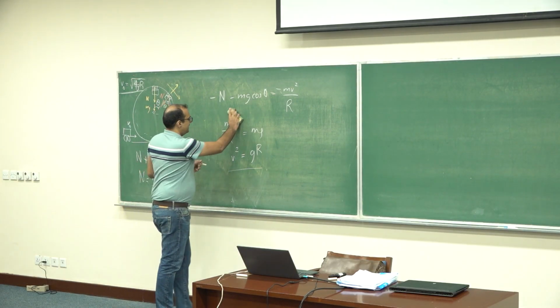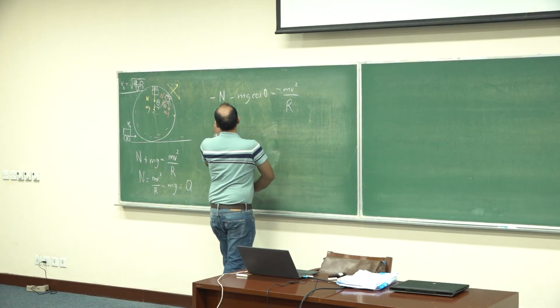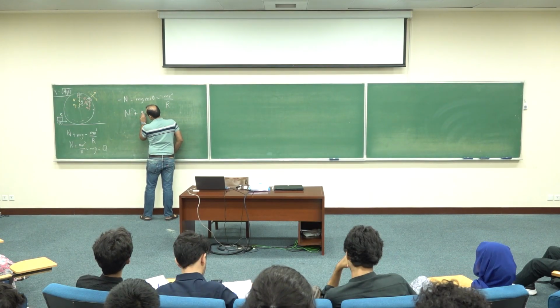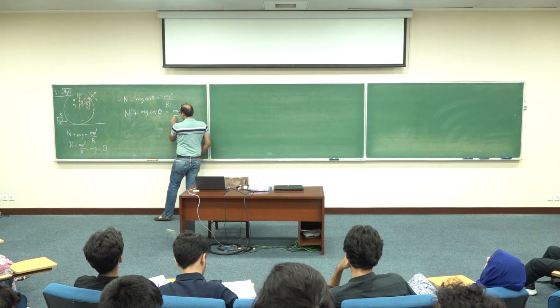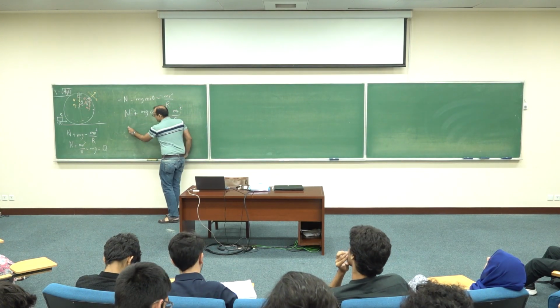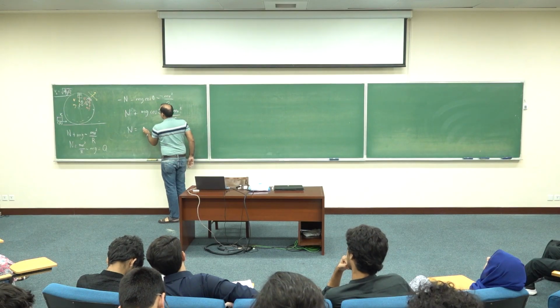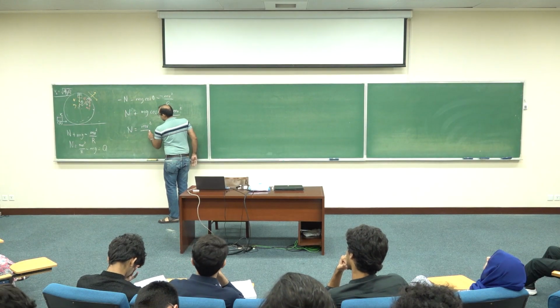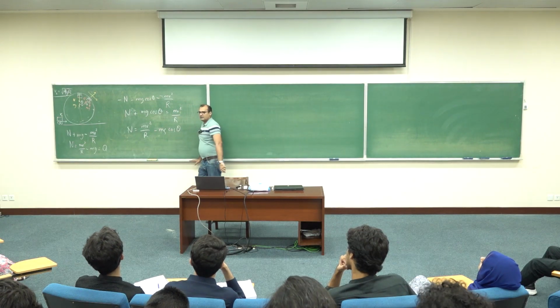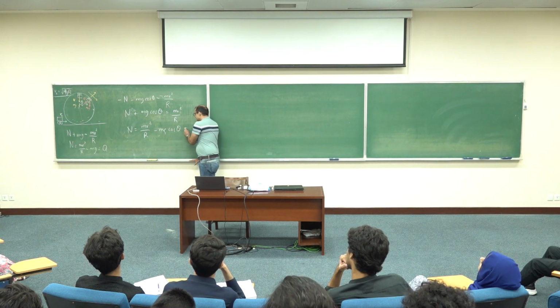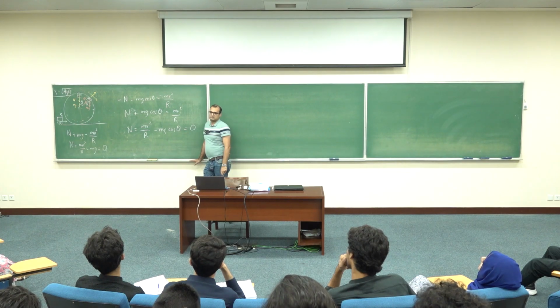So, in other words, you have n plus mg cos theta is equal to mv square over r. Okay, so the normal force becomes equal to mv square over r minus mg cos theta. And at the point at which it loses contact, this must be equal to 0.